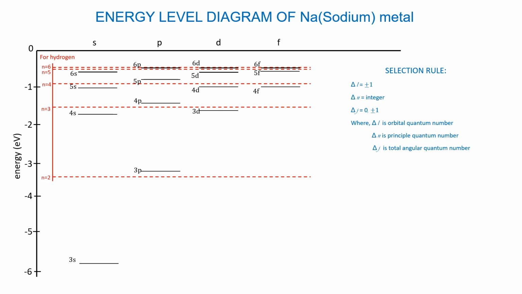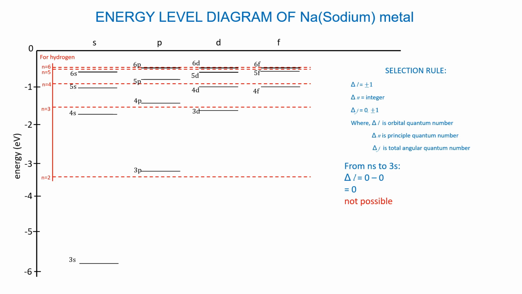Using this selection rule, we can check the possibility of an electron transiting from a higher state to a lower state. So we will check from ns to 3s, that is, from 4s, 5s and 6s to 3s.